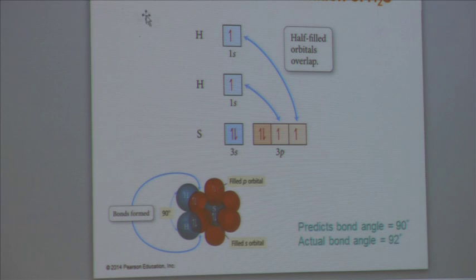And so when we try to draw the formation of hydrogen sulfide, here are the two hydrogen atoms and sulfur, 3s2, 3p4. We will predict a bond angle of 90 degrees, but actually, experimentally, we find bond angles of 92 degrees.